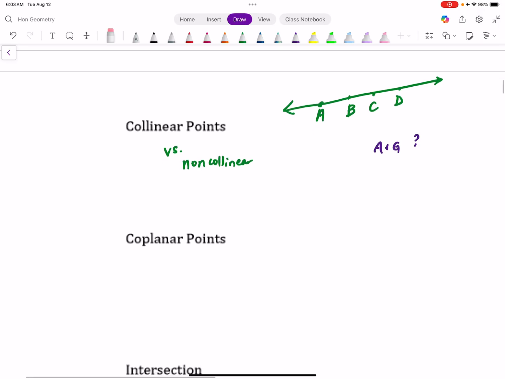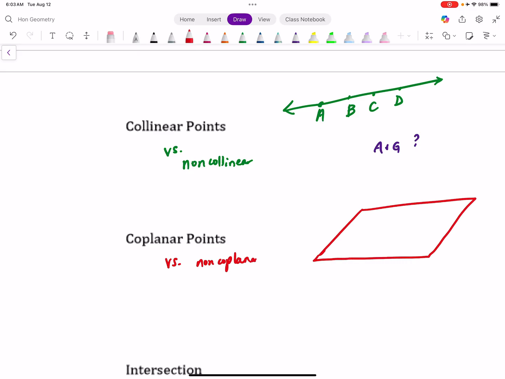We've got coplanar points versus non-coplanar. All right, so let's say we've got a plane, and in that plane we put three points, A, B, and C. Now, to show somebody that a line is not in the same plane, we'd have to do something like this. Here's a line, and I wouldn't be able to see this part on the drawing, but it would pop out the other side.